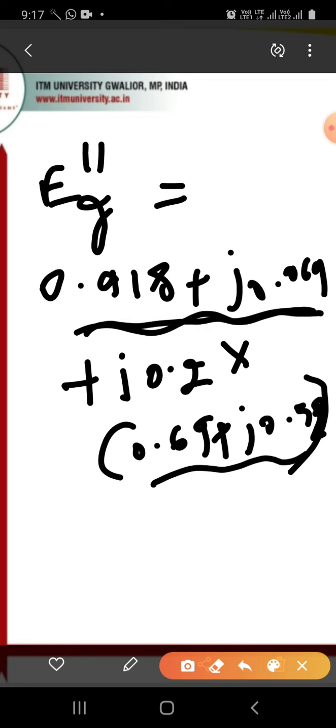This is our IL. So in the place of Eg double dash, I have to write the Vt plus the drop.